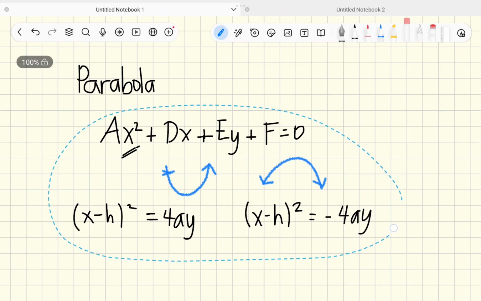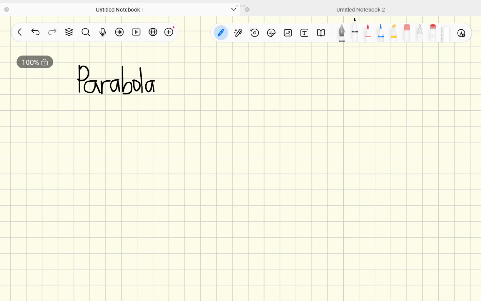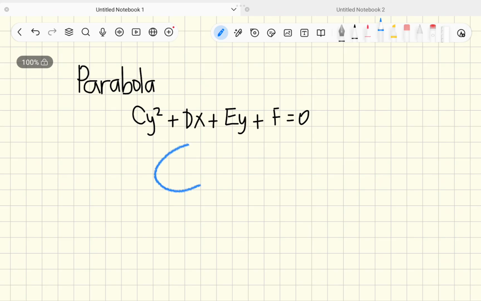On the other hand, if you have cy squared plus dx plus ey plus f equals 0, it's either facing right or facing left.